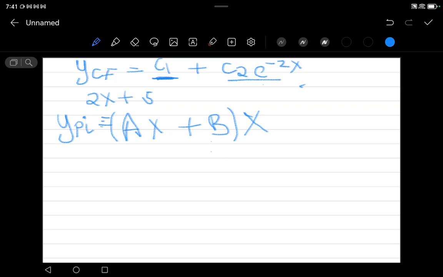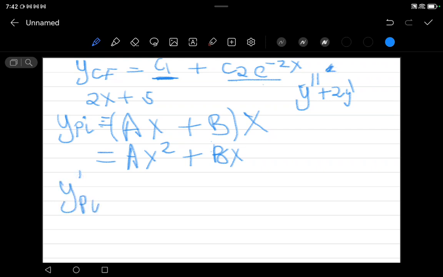So moving forward, our YPI is going to be ax times x, which is ax squared plus bx, like this, and then we continue. Remember, our function is y prime prime plus 2y prime, which means we're going to differentiate 2 times. So y pi prime equals the derivative of ax squared, which is 2ax, plus the derivative of bx, which is b.